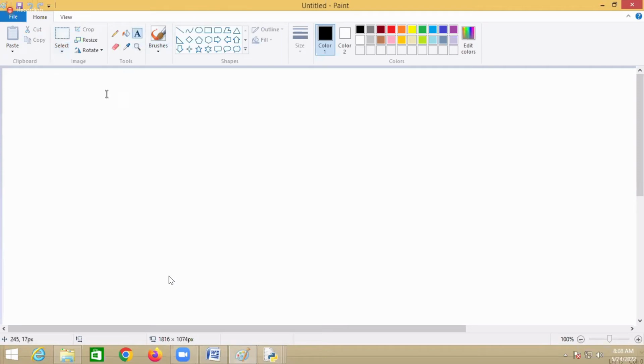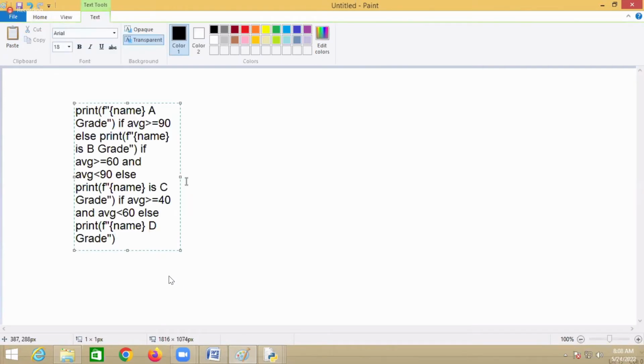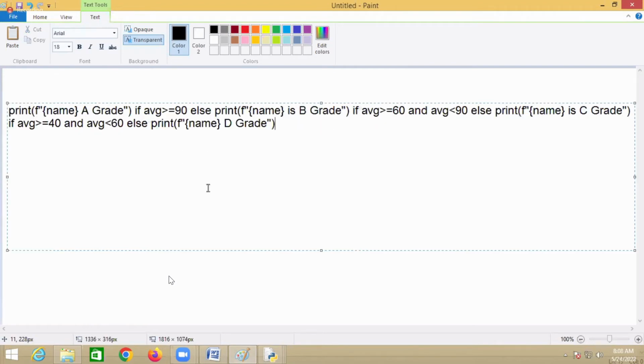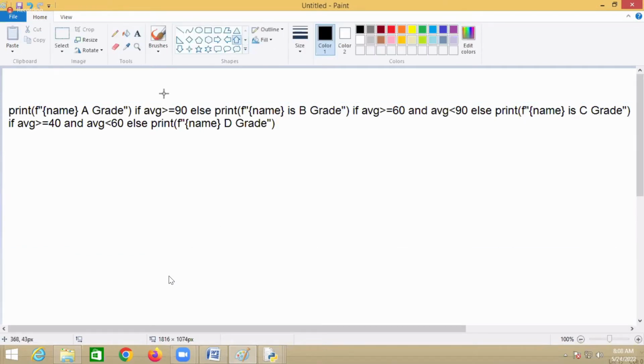If you look at this conditional expression, how many conditions are there? There are a number of conditions. Three are there. This is the first one, this is the second one, and this one is the third one.